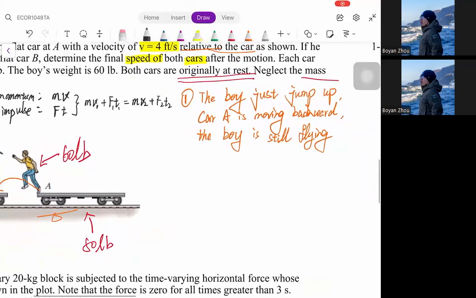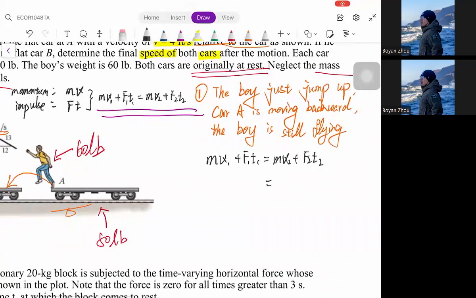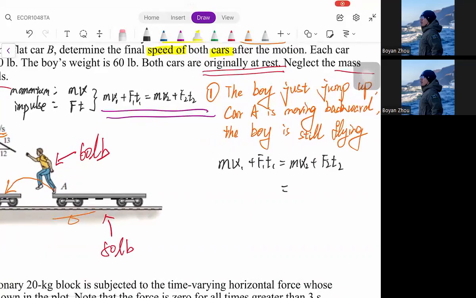Then we apply the conservation of impulse and momentum. The original equation is the momentum at the first moment plus the impulse at the first moment equal to the momentum at the second moment plus the impulse at the second moment. Since everything starts from rest, the momentum at the first moment is 0 and the impulse is also 0, because at the first moment we don't have any force.